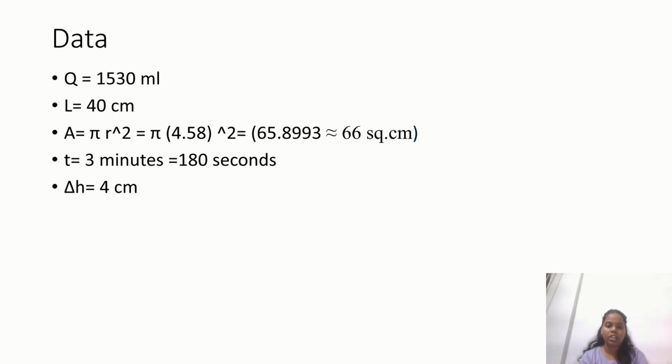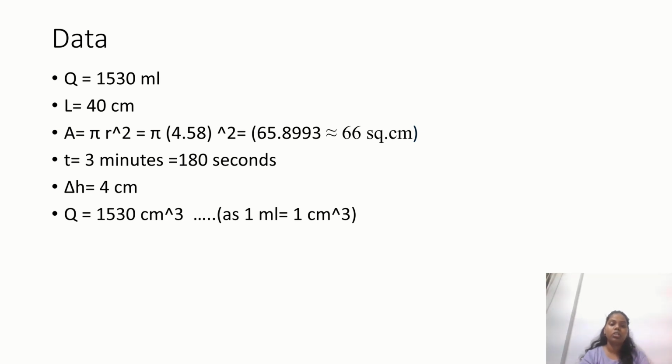Delta H is 4 centimeters, and over here everything is in centimeters. So to convert milliliters into cubic centimeters, we have 1 milliliter equals 1 cubic centimeter. So we get Q equals 1530 cubic centimeters.